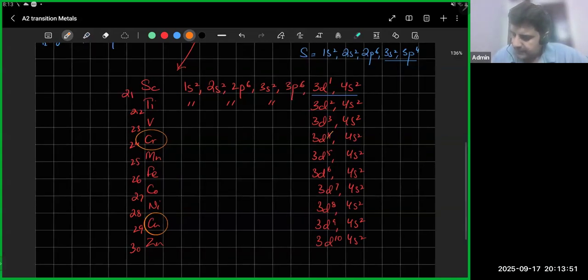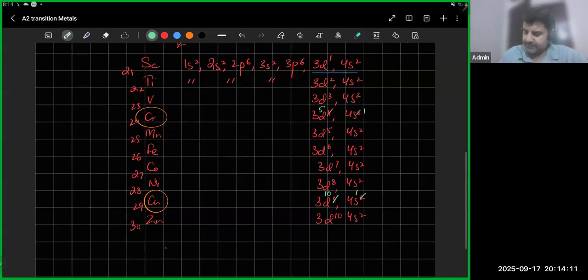So instead of 3d4, it is actually 3d5 and 4s1. Half-filled D subshells are more stable, and completely filled D subshells are more stable. So for copper, it's not 3d9, it's actually 3d10, and there's one electron less in 4s.